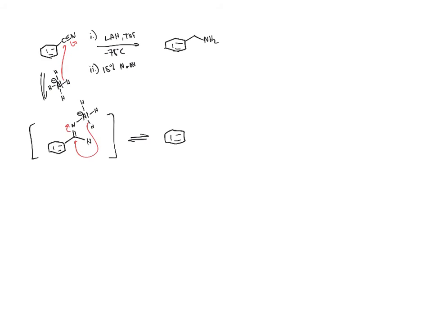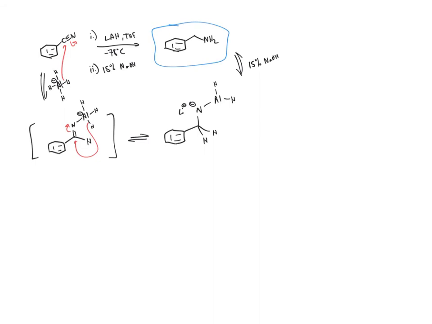to give you a fully reduced product, right? And so you're going to basically have a hydrogen here, and then your amide is going to still sort of look like this, where you have a lithium counter ion. And then upon workup with 15% sodium hydroxide, your amide will become protonated by the water and deliver the product amine.